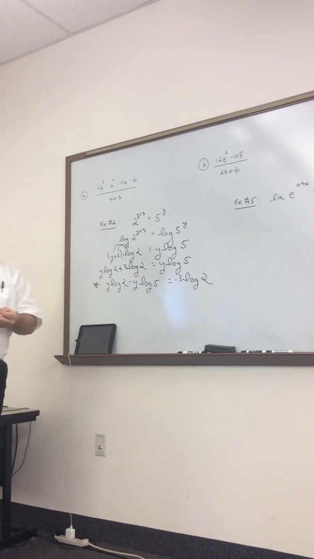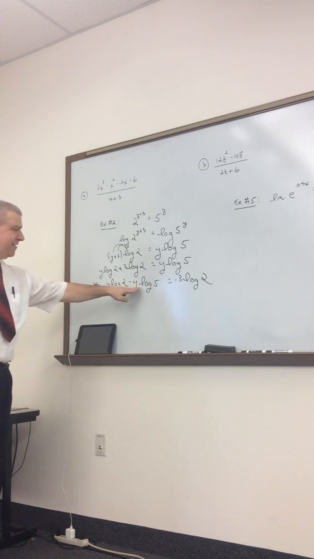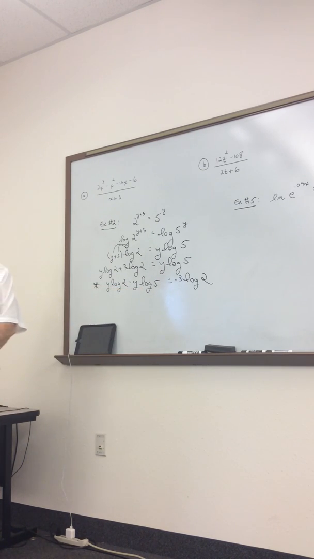So what do you think would be a smart thing to do there? Isn't there something common to both of those terms? That was a hint. What do you think would be a smart thing to do right there? Max? Subtract? No.